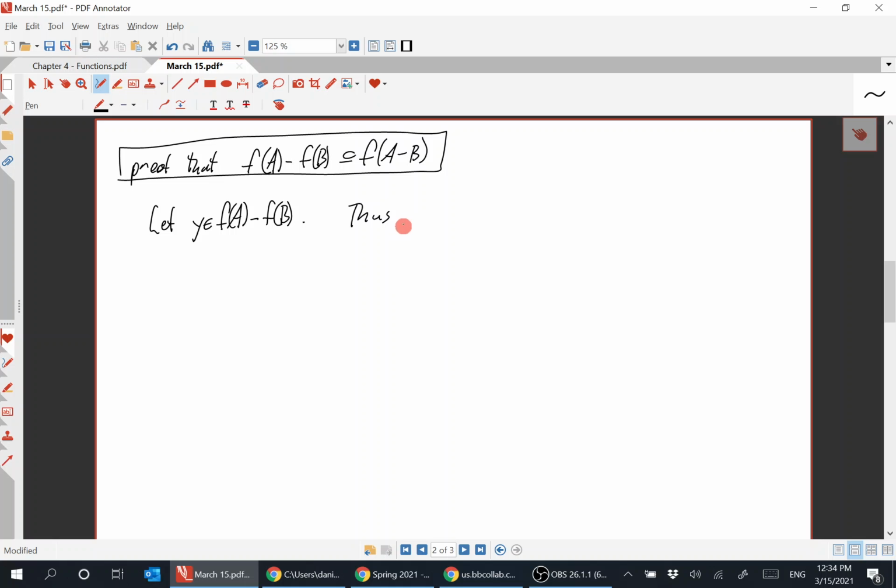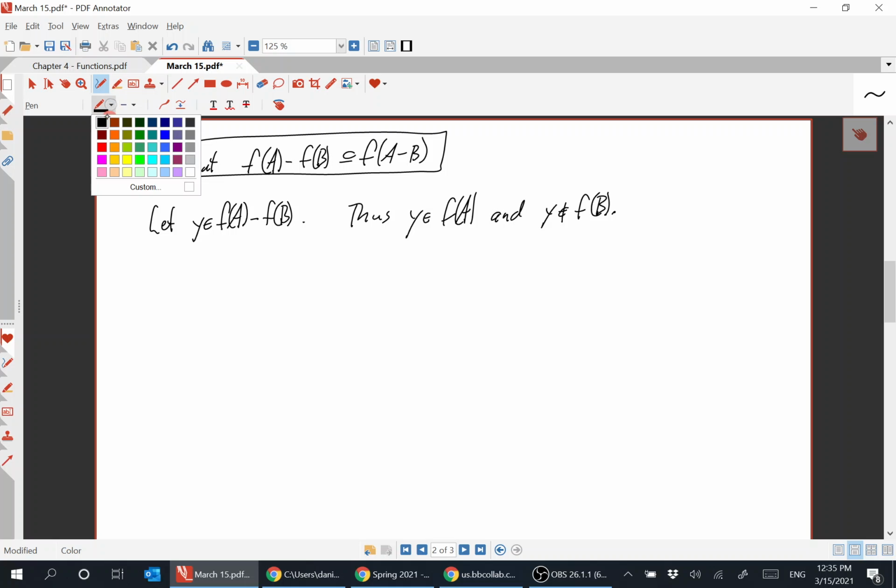So let y be an element of image A minus image B. Thus, what? y is an element of the image of A and y is not an element of the image of B. So now we're talking about images here.